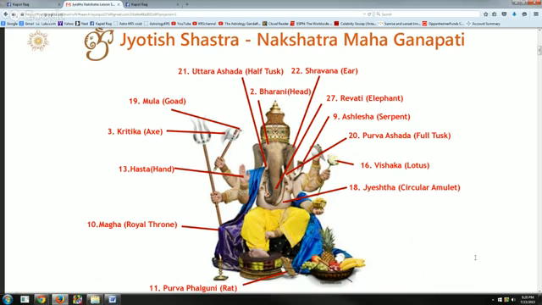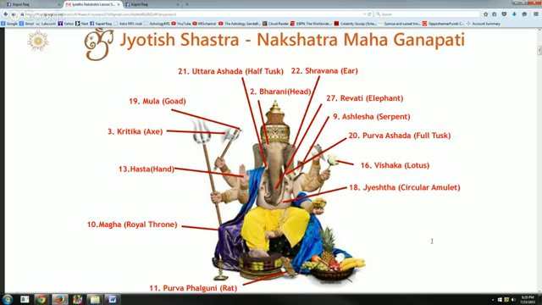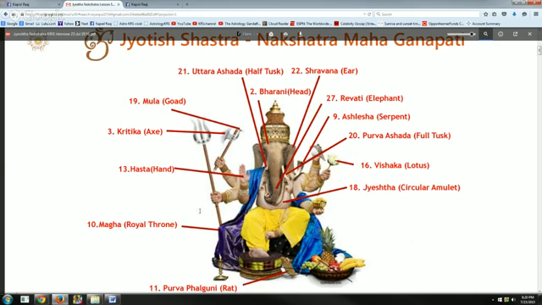Moola means origin or root, the essence. Adhara means the basis or the foundation. So Mooladhara Chakra is the foundation or basis from where your Jyotish education starts, and the guru that you have, it has to be under his tutelage.